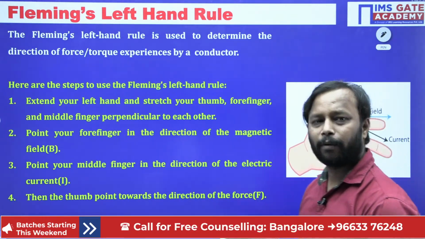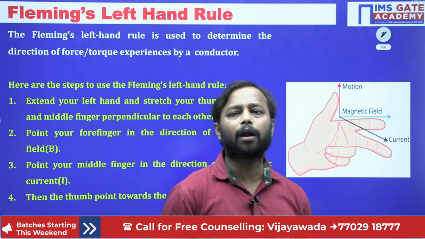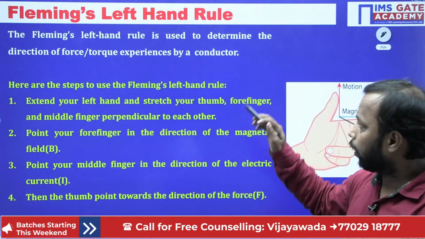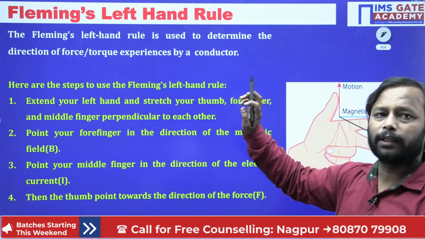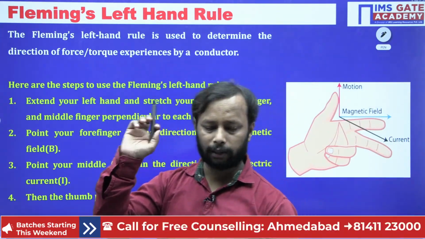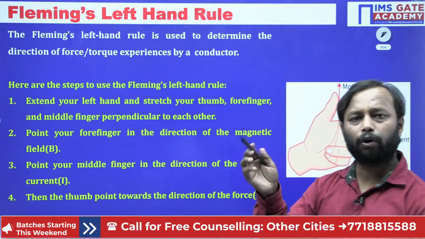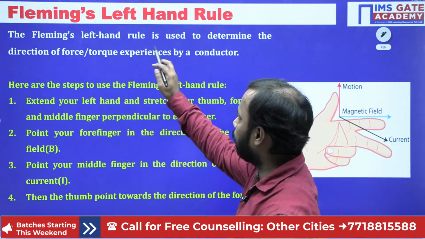Every machine has rotational movement, and that movement gives some kind of force or torque, and the direction of torque or force is given by the Fleming left hand rule.